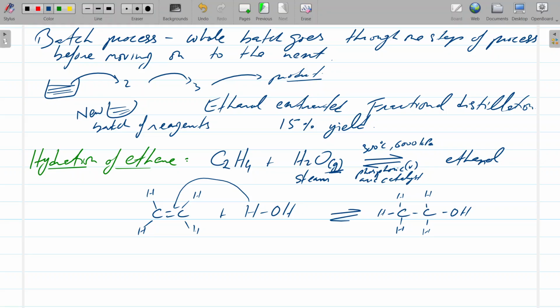You have to take an entire batch, wait till the end, and then introduce a new batch. The hydration of ethene is faster and it is a continuous process, but it requires far more energy because, again, 300 degrees centigrade and 6,000 kilopascals. And it requires ethene, and we know that alkenes are obtained by the cracking of alkanes, so the materials are not as readily available.